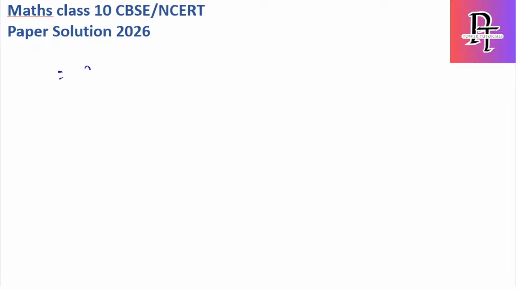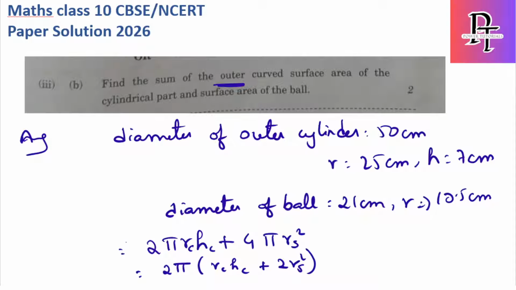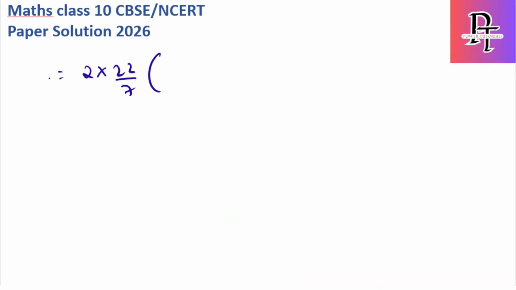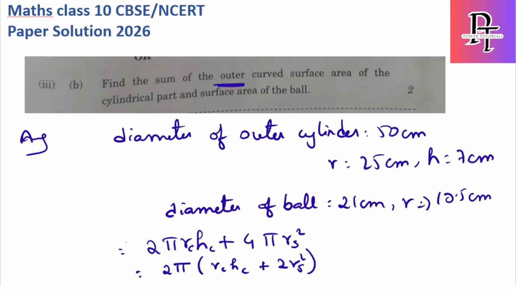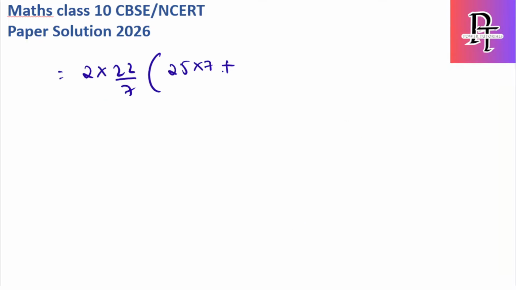So if I take 2 pi value, I will substitute 22 by 7 into radius of cylinder 25, height of cylinder is 7, so 25 into 7 plus 2 into r square, radius of sphere is 10.5, 21 by 2, to make the calculation easier, 2 into 21 by 2 into 21 by 2.